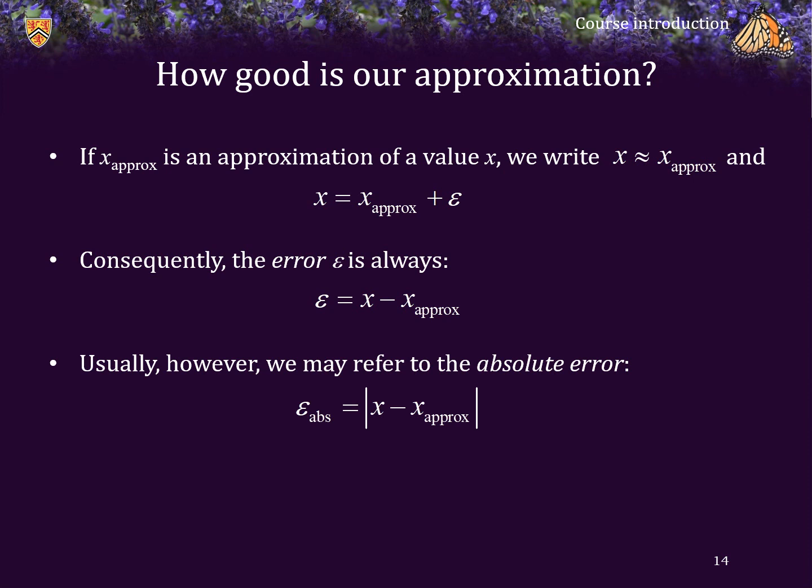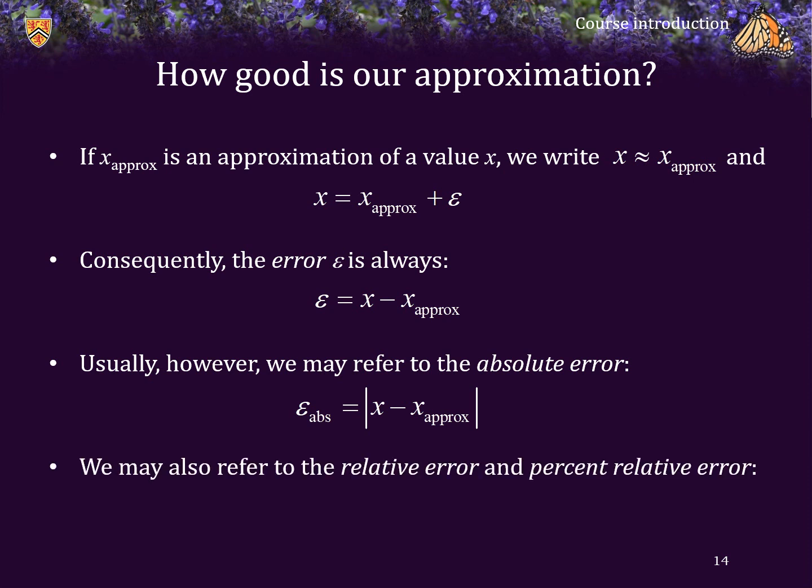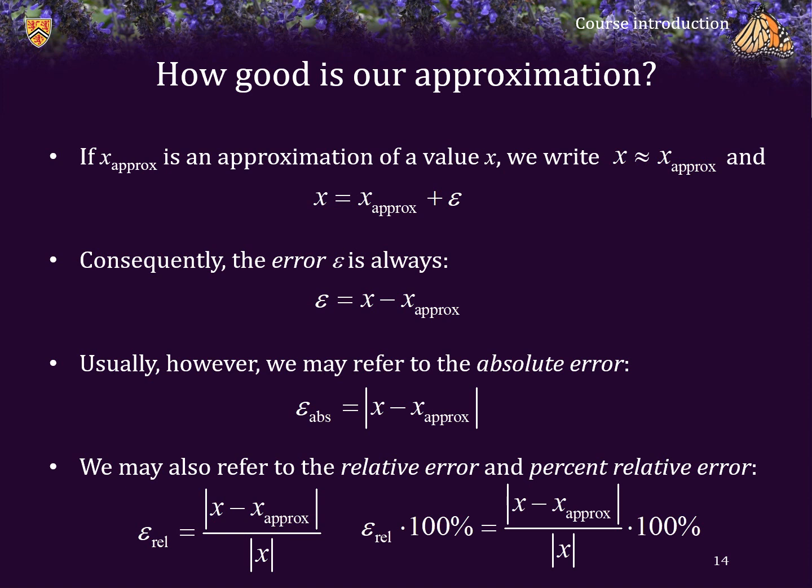Usually, however, we will refer to the absolute error, which is the absolute value of the difference between the exact value and the approximation. Also, we may sometimes refer to the relative error or the percent relative error. The relative error is simply the ratio between the error and the absolute value of the exact value. The percent relative error is simply the relative error multiplied by 100%.